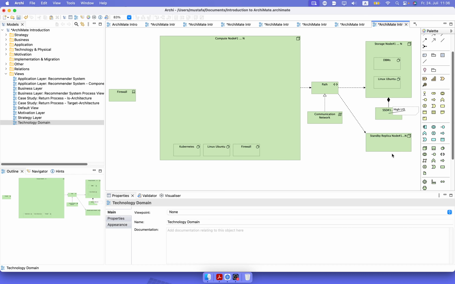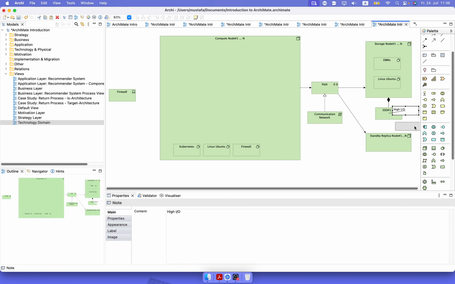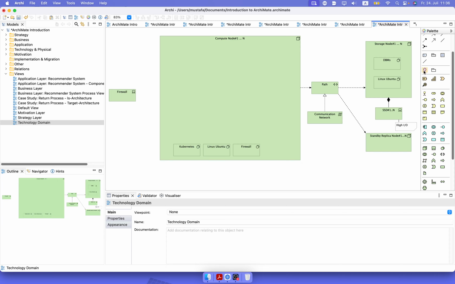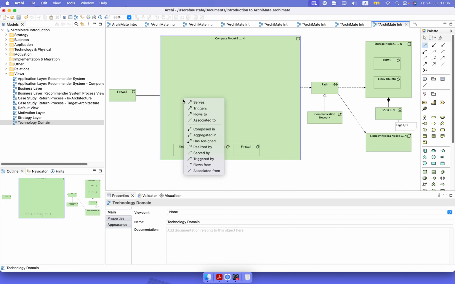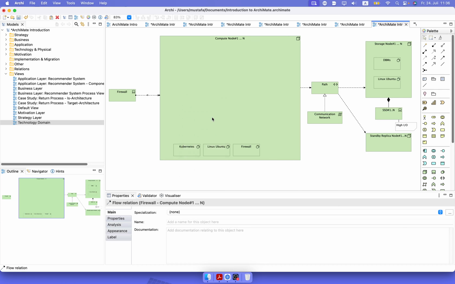You can even go specific with grouping so that you can show the clustering of the system. So showing the flow, anything coming from the outside world goes through the firewall. So we have a Kubernetes cluster with Linux Ubuntu and firewall.